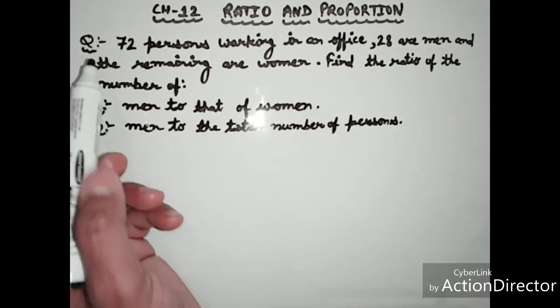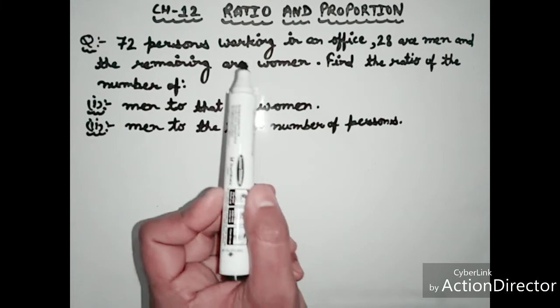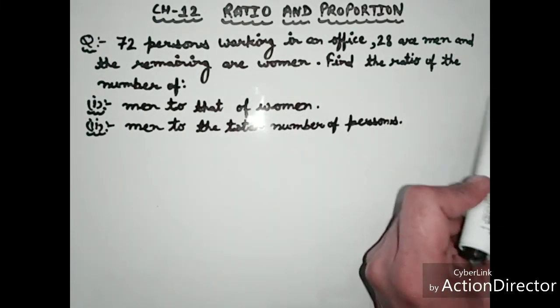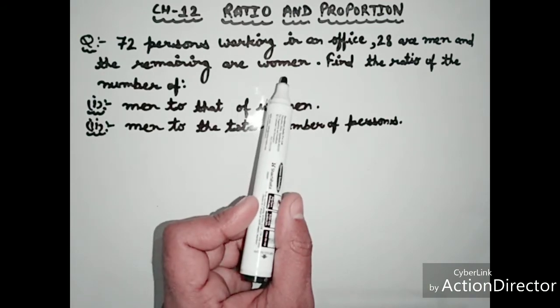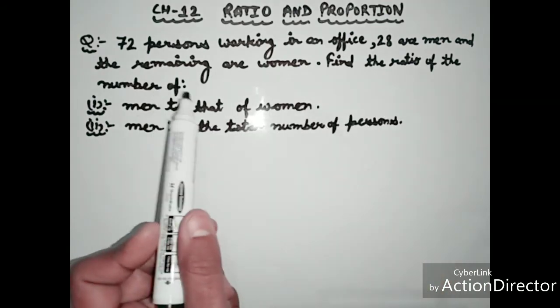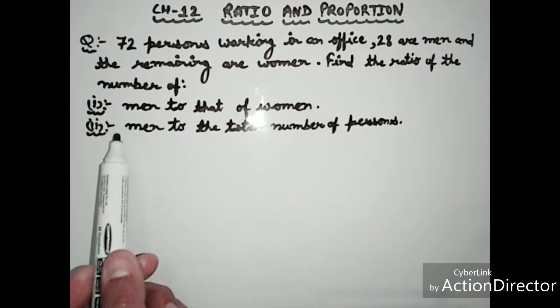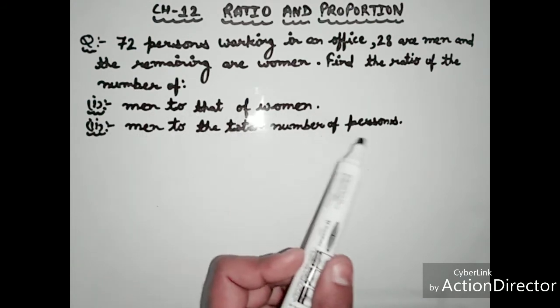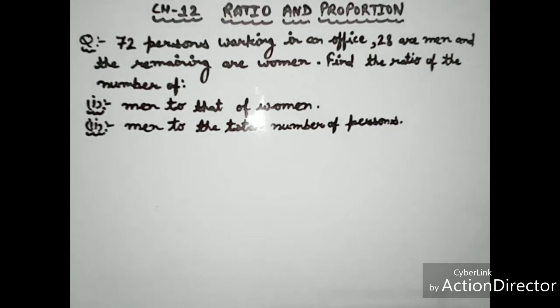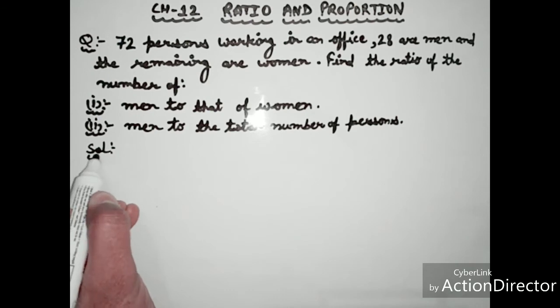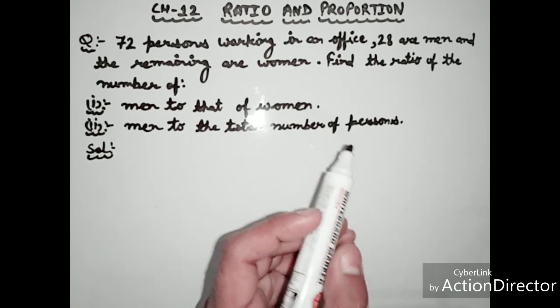Now the next example, 72 persons are working in an office. 28 are men and the remaining are women. Find the ratio of the number of, first, men to that of women and, second, men to the total number of persons. Here first we find the number of women.